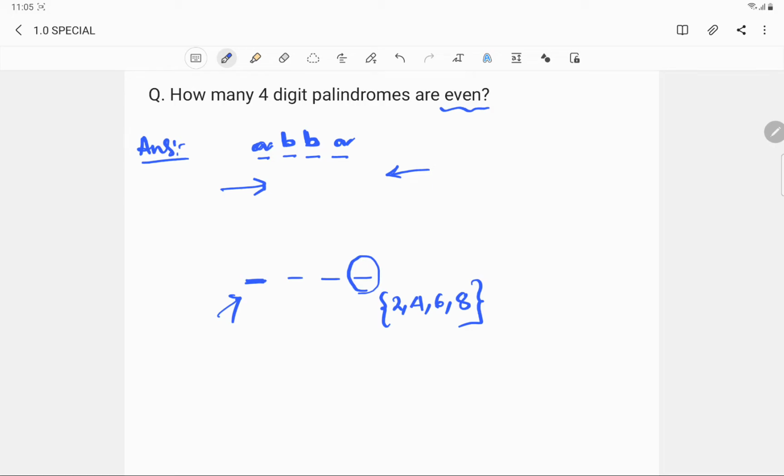So assume that the units place has 4 choices, and the tens place will have 10 choices. So 10 multiplied by 4. The hundreds place will have only one choice, because whatever is in the tens place must come here, and the thousands place will have only one choice, because whatever is in the units place should come there. So there will be 40 such palindromes that are even.